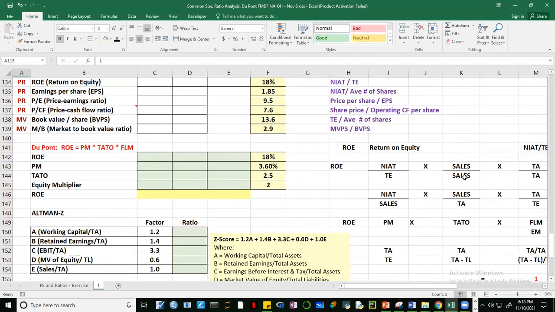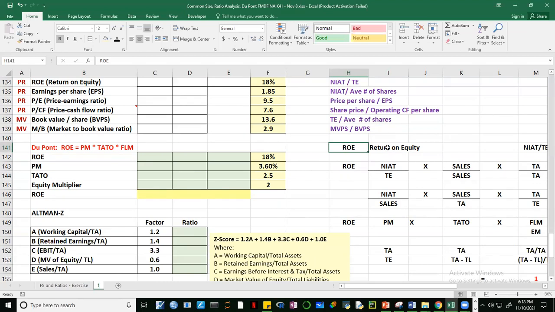Now, yung DuPont, guys, it was initiated by a company, si DuPont. Kasi dati, what was most important as a measure was ROE, return on equity. Remember, how much profitability is being generated for the shareholders, kasi equity to.